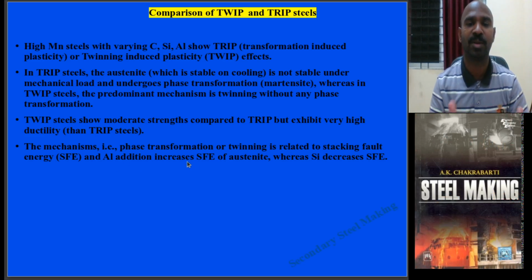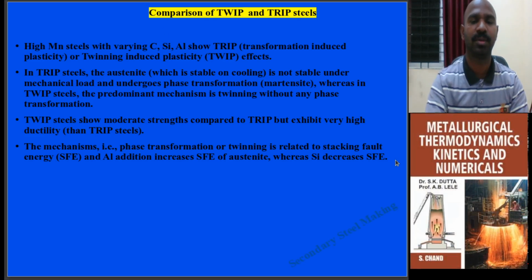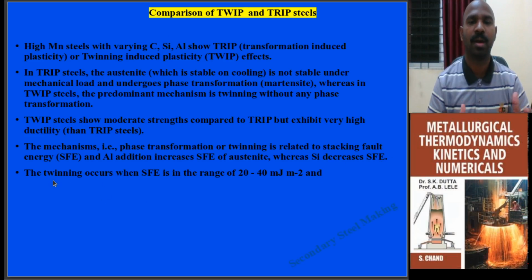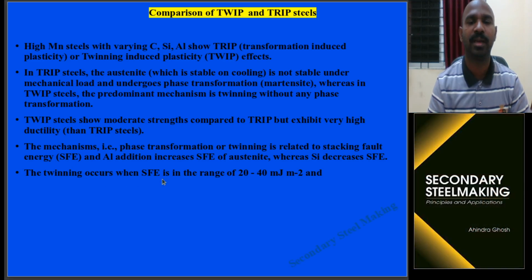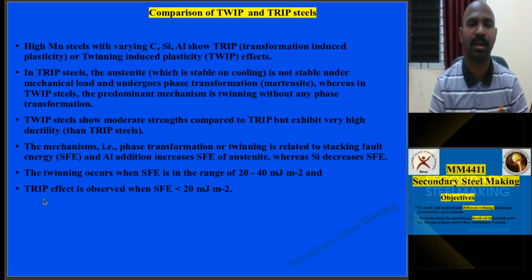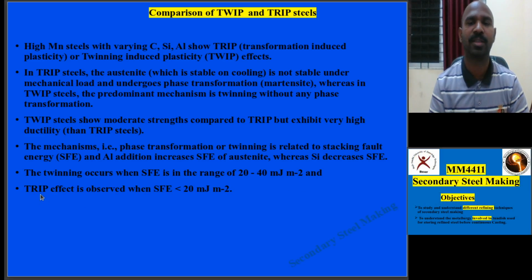The aluminium addition increased the stacking fault energy of austenite, and the silicon addition decreases the stacking fault energy. The stacking fault energies in the case of twin induced plasticity steels are observed in the range of 20 to 40 millijoules per meter square, and in the TRIP, the transformation induced plasticity, it is observed less than 20.